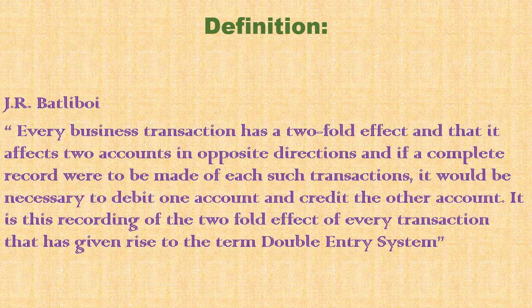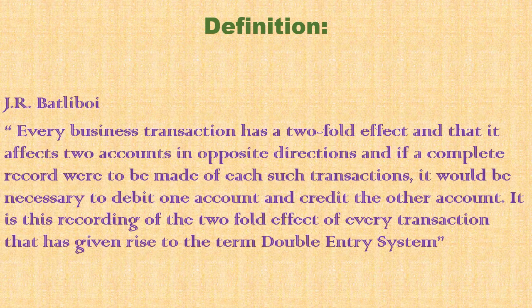Since later on we will follow only one type of rule, I will tell you the rule we are supposed to follow. We consider the machine as what comes in, so what comes in will be debited, and we consider cash as what goes out.